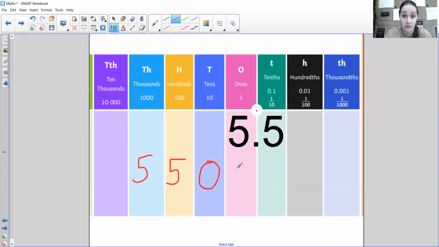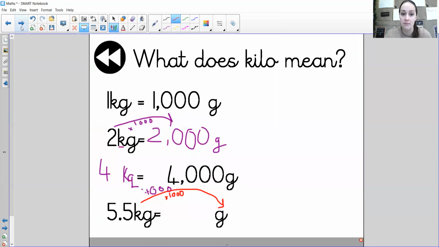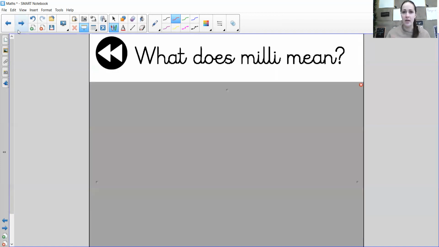I need 2 zeros, need 2 placeholders. So my answer would be 5,500 grams. Let's have a look. Does that make sense? Well, yeah, that does make sense, doesn't it? Because 5 kilograms would be the same as 5,000 grams. And then we've got half, 0.5, same as a half. Half of a kilogram is 500 grams, 5,500. Well done.